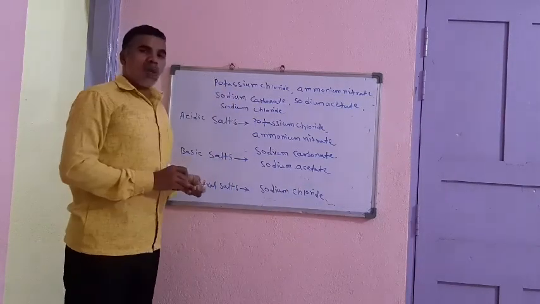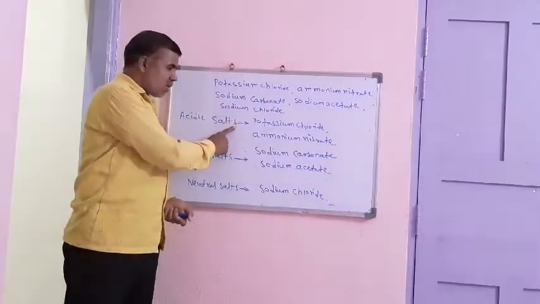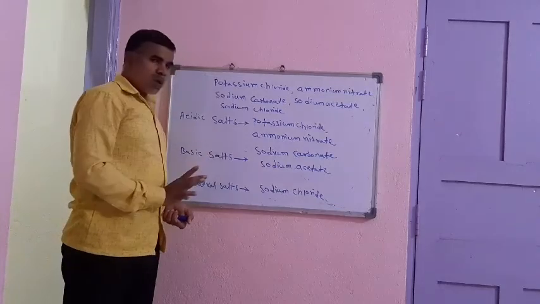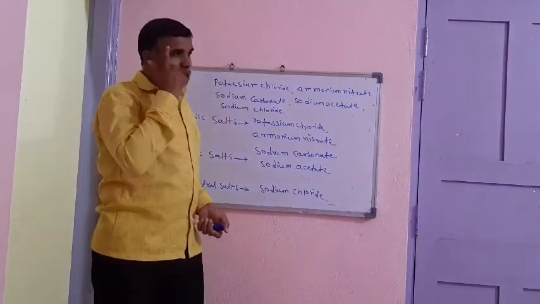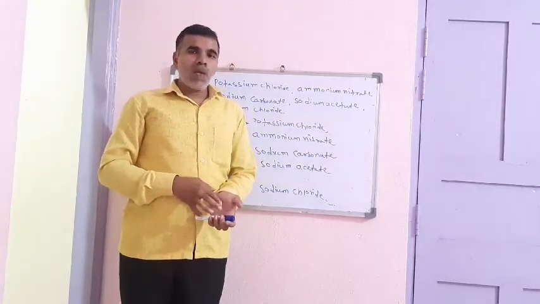In this way we have to classify the given salt in different types: acidic salt, basic salt and neutral salt. यामध्ये आपल्याला दिलेला सॉल्ट हे तीन प्रकारामध्ये आपण क्लासिफाय केले: ऍसिडिक, बेसिक आणि न्यूट्रल सॉल्ट मध्ये.